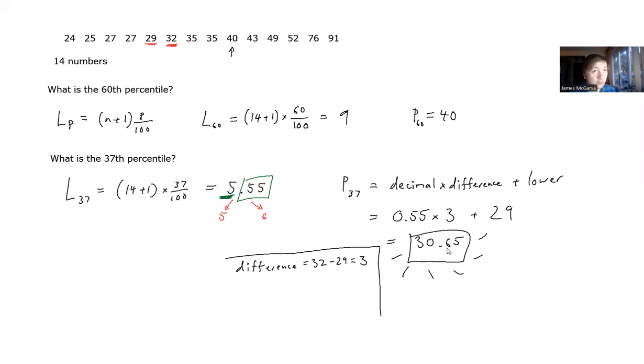Okay, and again, we want to interpret this. This means that the 37th percentile, 37% of our customers are younger than this age, 30.65 years old. Okay, so now we're going to do a box plot.